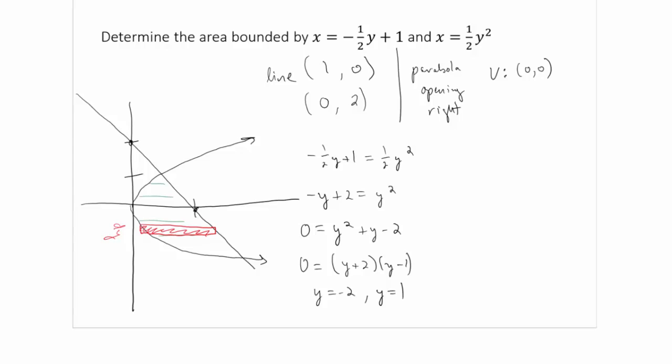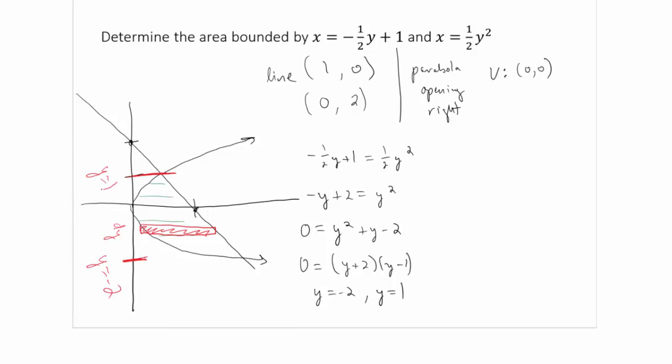All right, so my lower boundary is y equals negative 2. My upper boundary is y equals 1. Now, if I'm integrating with respect to y, my upper function is the rightmost function.